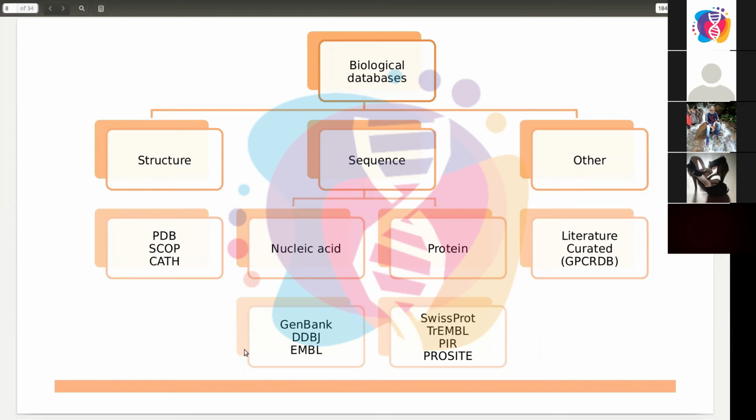All these three are your primary databases, as in they have the sequences of all the proteins, RNAs, transcripts and genes generated through multiple studies, and those are stored in these databases. Similarly, for protein sequences, we have SwissProt, TrEMBL, PIR, and PROSITE. Again, these are the databases.